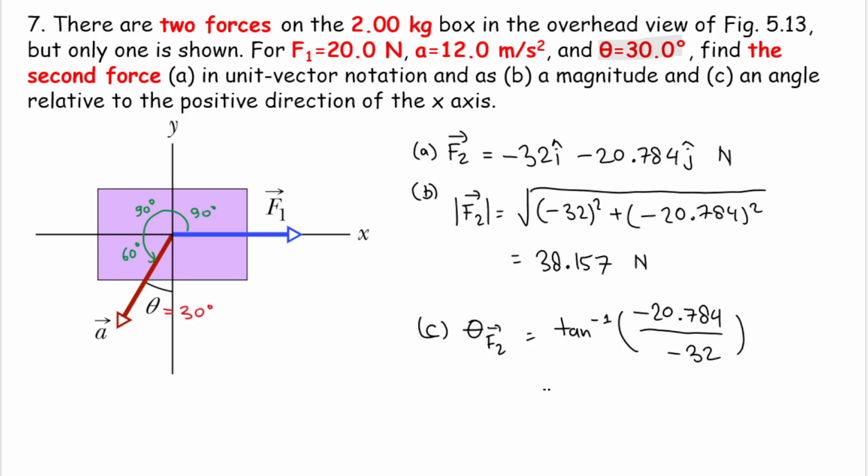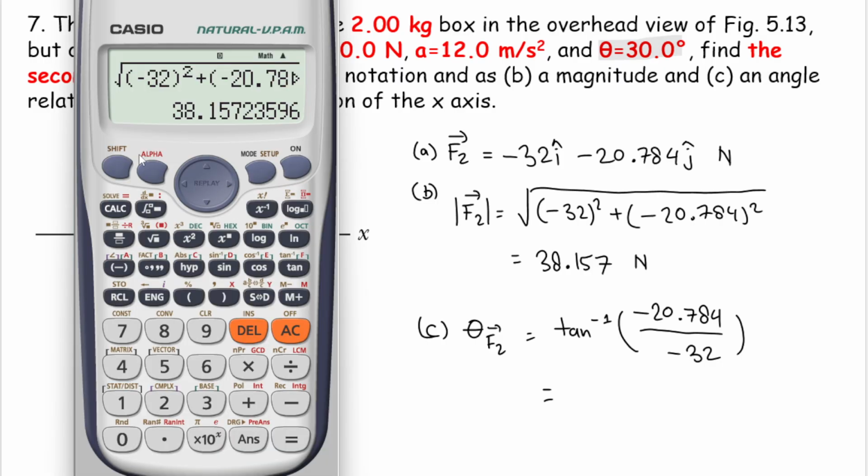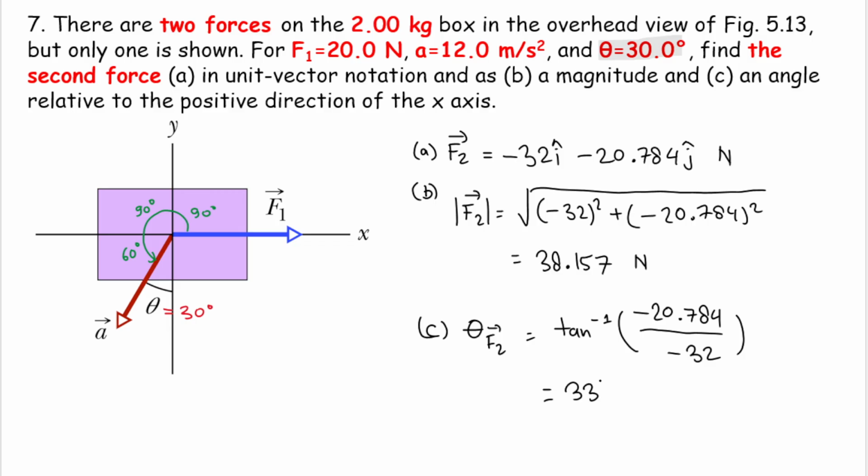Okay, and again nothing that we can do except plug this into the calculator. Inverse tangent is shift tangent here, and then we will have minus 20.784 divided by minus 32. Good. Now we will have 33 degrees, right? So we'll have 33 degrees.